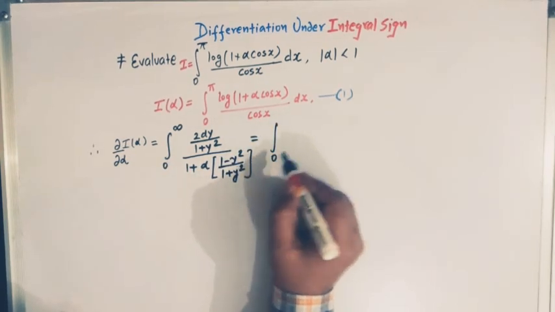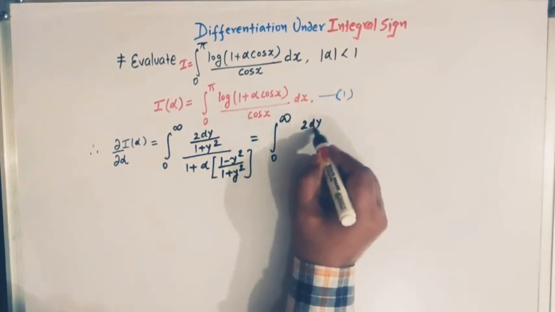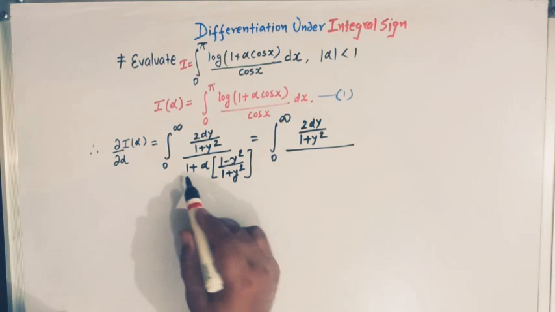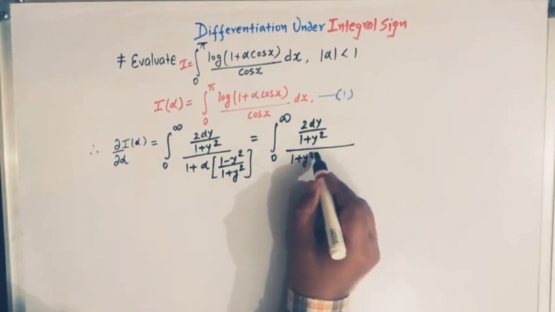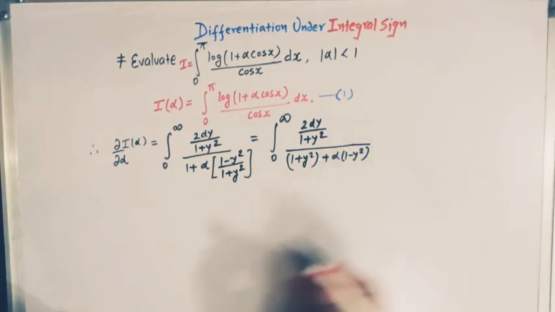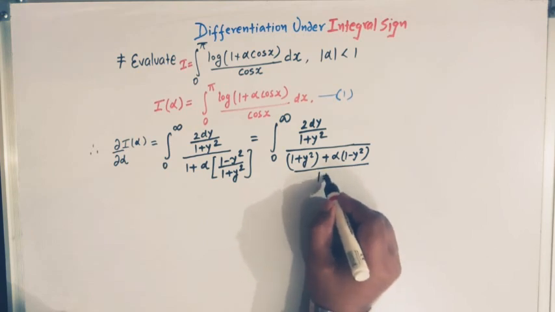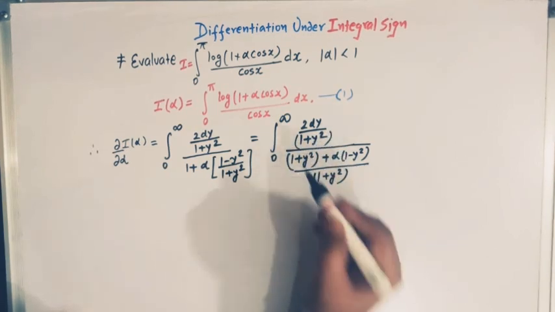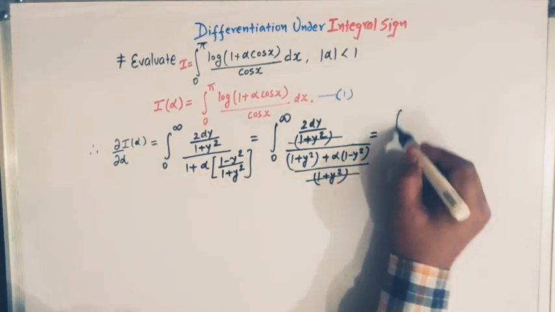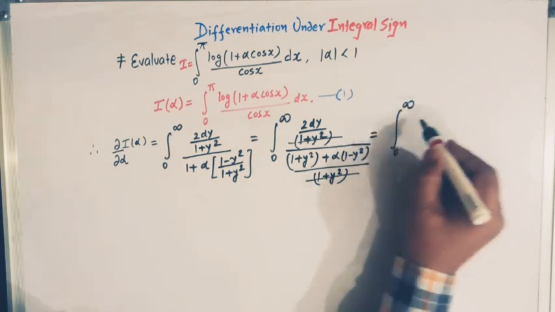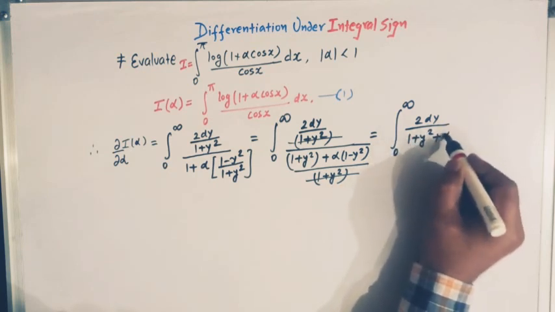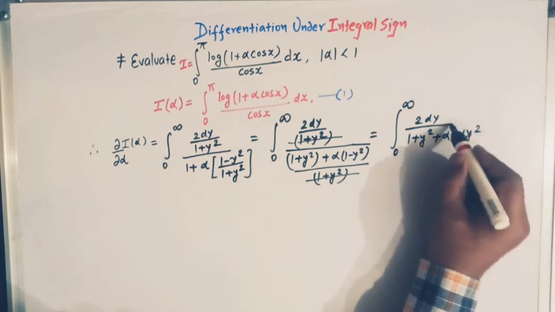So we have the integral from 0 to infinity of 2 dy over (1 plus y square) divided by, taking the LCM, (1 plus y square plus alpha times (1 minus y square)) divided by (1 plus y square), right? Now this term and this term get cancelled, so we have the integral from 0 to infinity of 2 dy over (1 plus y square plus alpha minus alpha y square), right?